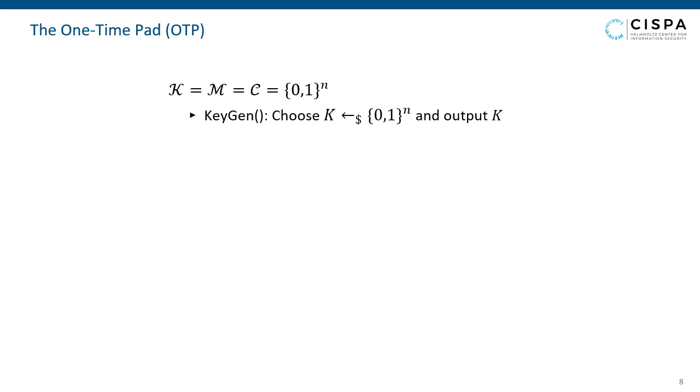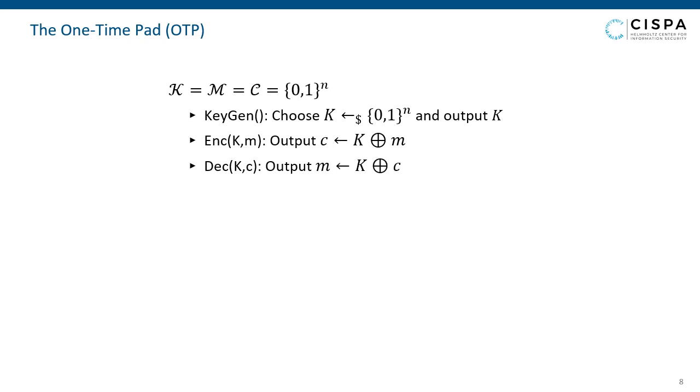So now that we have definitions of syntax, correctness, and security for a cipher, let's see a cipher which actually achieves our security notion of perfect secrecy, the one-time pad. For this cipher, the key space, message space, and ciphertext space are all the same, namely binary strings of length n. The keygen algorithm just chooses a uniformly random string from {0,1}^n and sets this to be the key. Encryption takes as input a key k and message m, and basically XORs the key k onto the message m.